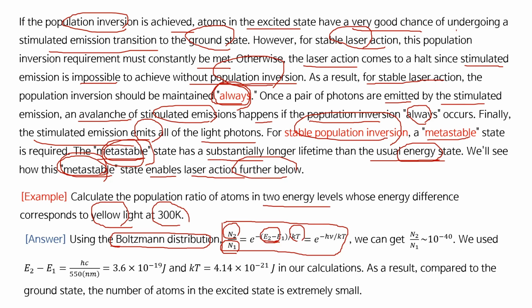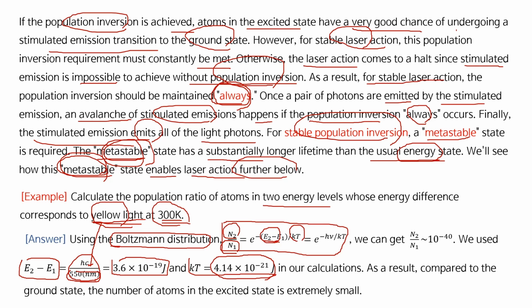And here we have the yellow light. So the energy difference between two energy levels is calculated with this relationship. Yellow light has the wavelength of 550 nanometer, so we can get this value. And for the thermal energy, the temperature is 300 Kelvin, and k is the Boltzmann constant, so we can get this value.